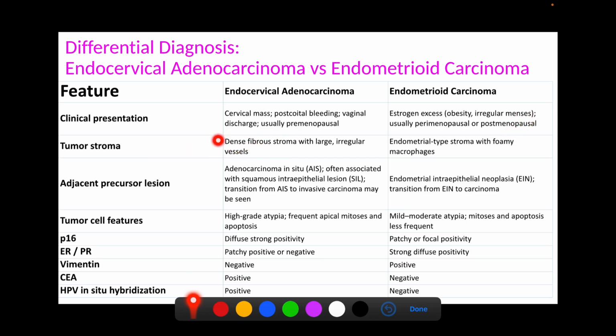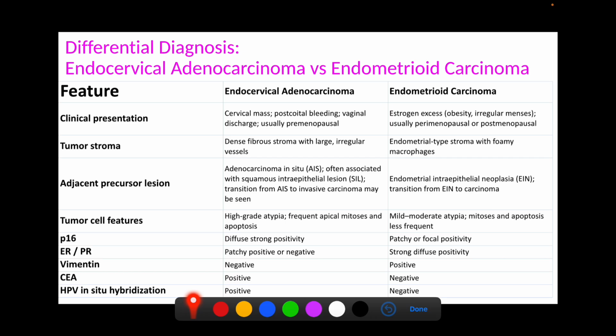Tumor stroma: in endocervical, dense fibrostroma with large irregular vessels; here there is endometrial type stroma with foamy macrophages. Adjacent precursor lesions like adenocarcinoma in situ or squamous intraepithelial lesion convert into invasive carcinoma. Here, endometrial intraepithelial neoplasia, EIN, transits to carcinoma.